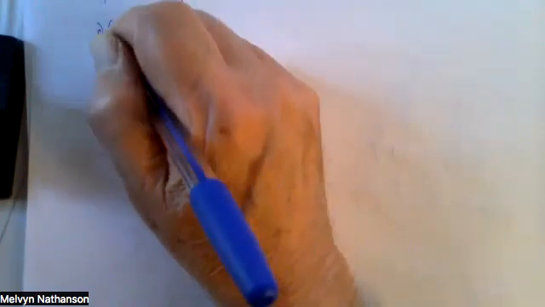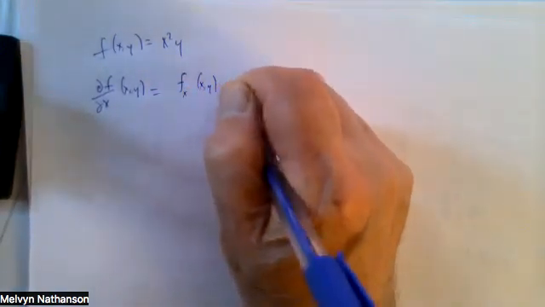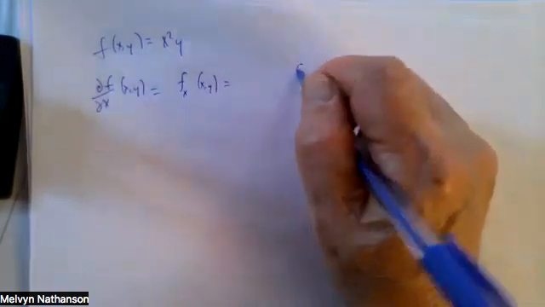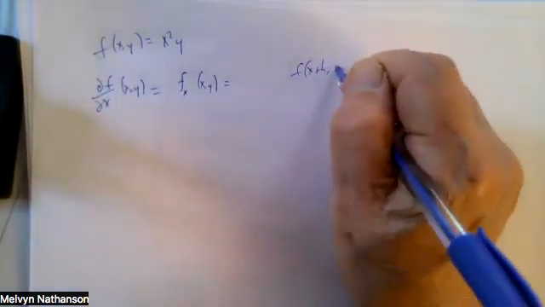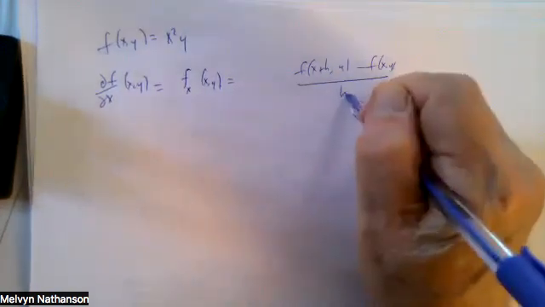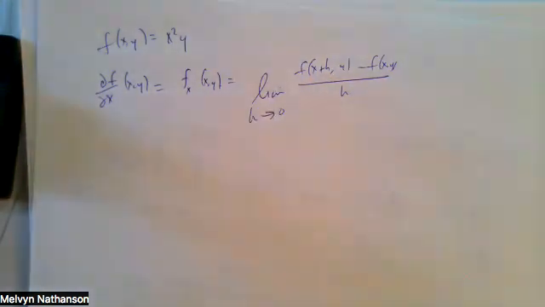And I want to compute the partial derivative of f with respect to x at some point (x, y), or f sub x at (x, y). So we keep y fixed and change x. So we have f of (x plus h, y) minus f of (x, y), divided by h. We want to take the limit of that as h goes to 0.